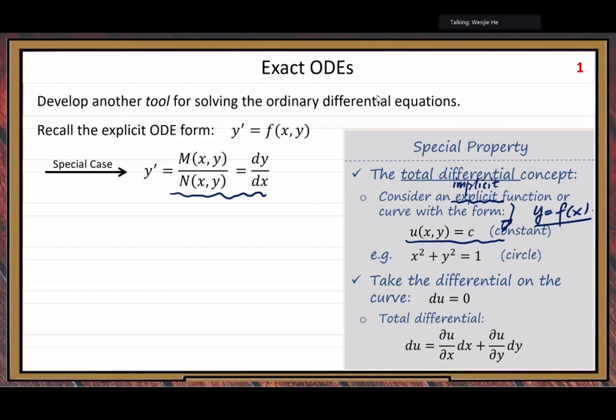Here we have 2 variables, so we write the 2-variable version. du equals partial u over partial x times dx, plus partial u over partial y times dy. So we have this formula.